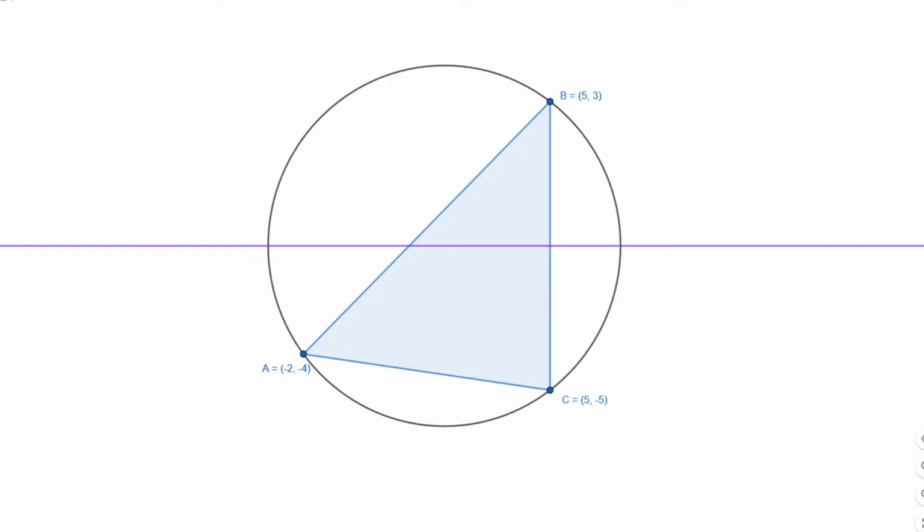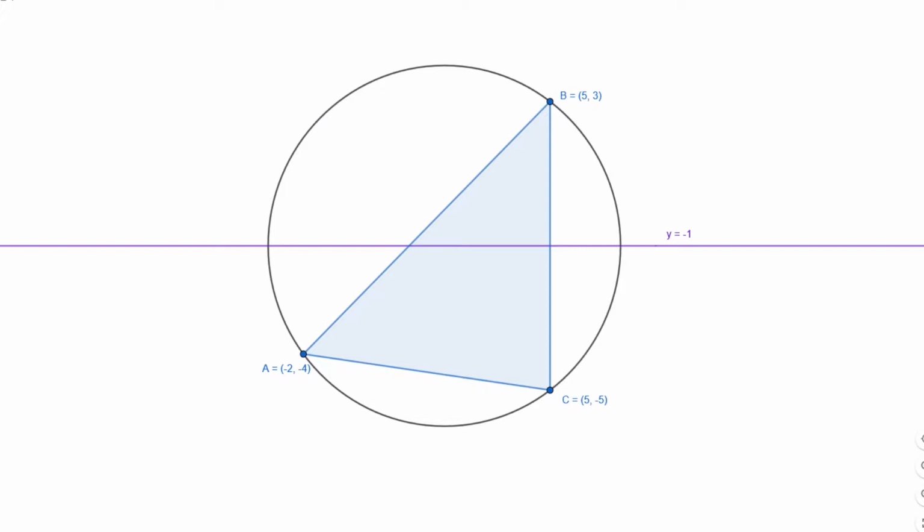All we need to do is find the y-coordinate of a point on that line, and the midpoint of B and C is the obvious example to use. B has a y-coordinate of 3, C has a y-coordinate of -5, exactly halfway between those is -1. So the equation of this perpendicular bisector is y equals -1.